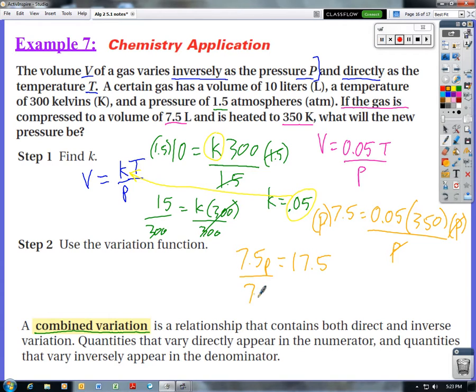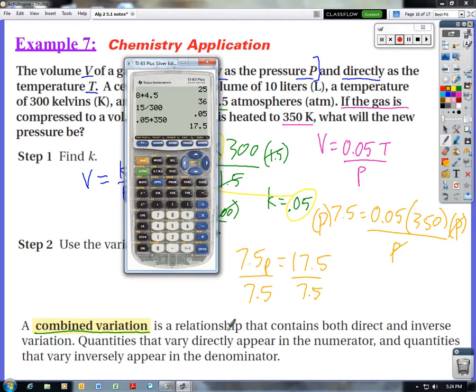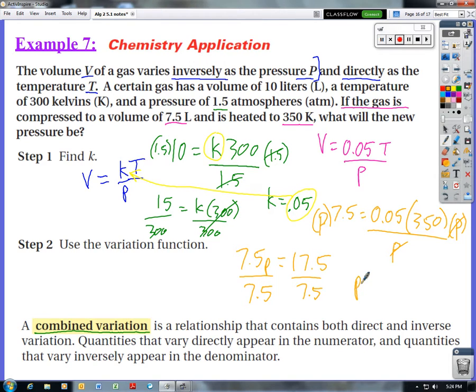Then to solve for P, I'm just going to divide both sides by 7.5, and I get 2.3 continuous. So my pressure is equal to 2 1/3 atmospheres. And that is 5.1 for you.